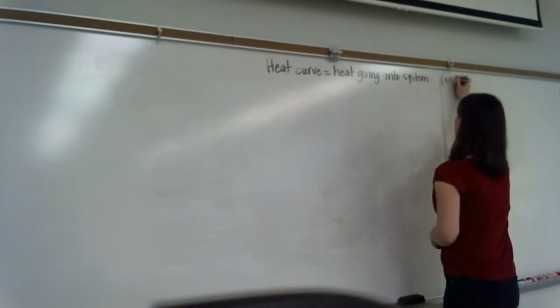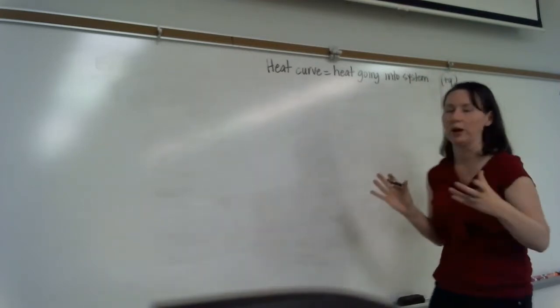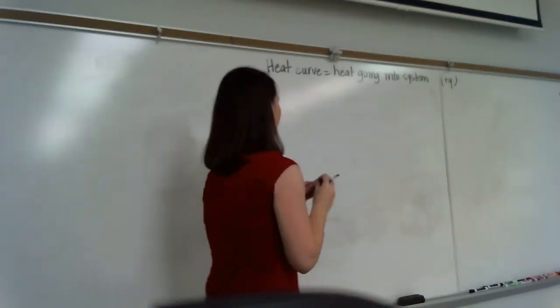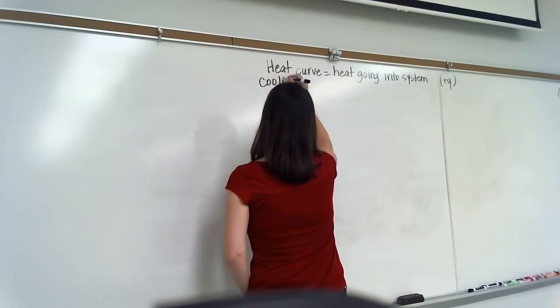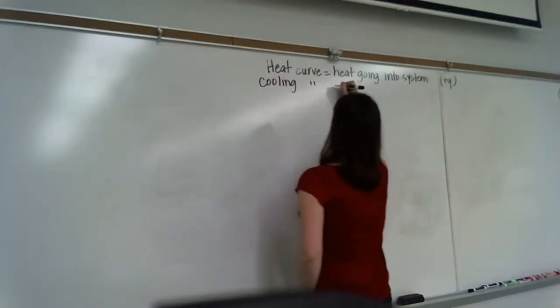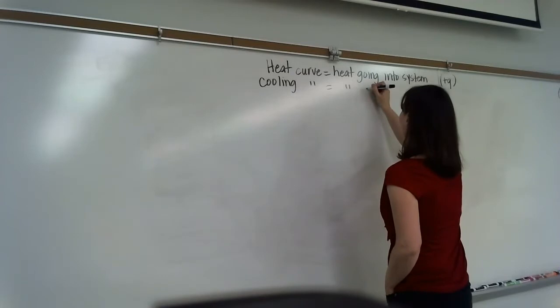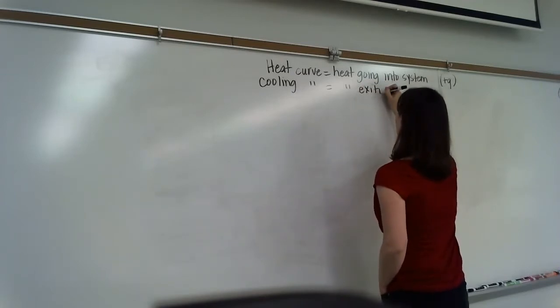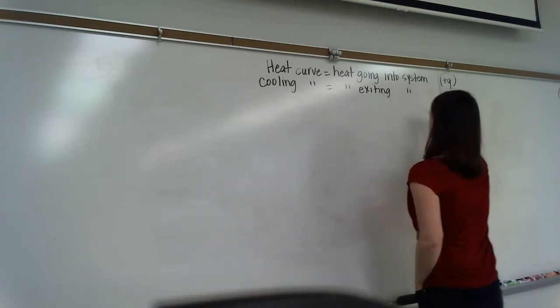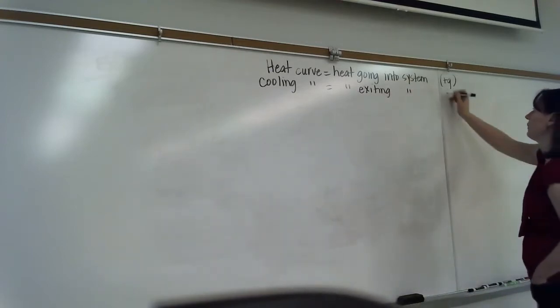We have a positive value of Q. All of our answers so far have been positive, right? A cooling curve is what? Heat leaving the system. Heat exiting the system. So what's Q going to be here?